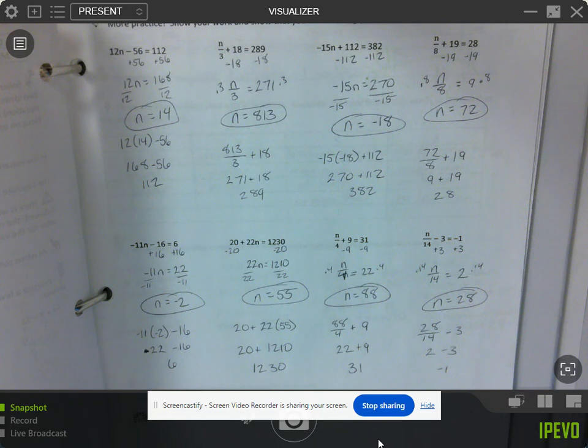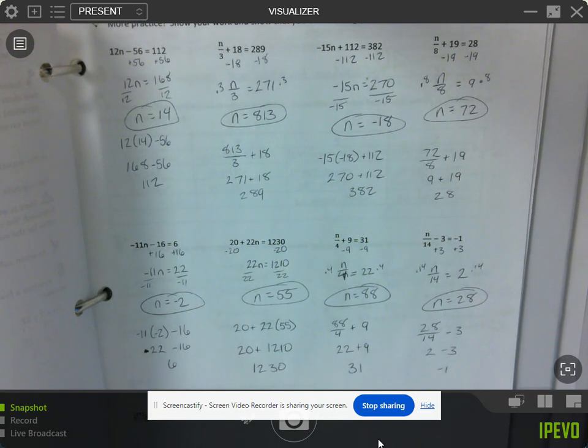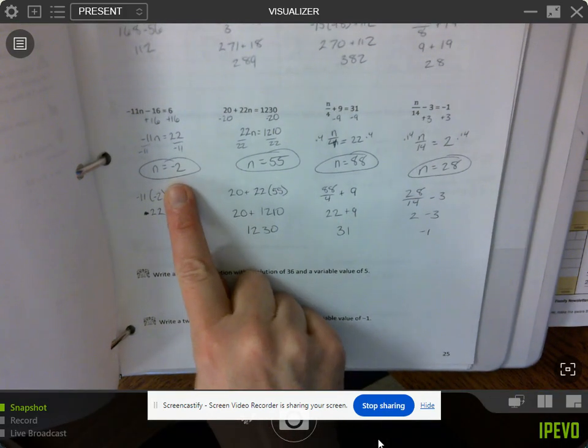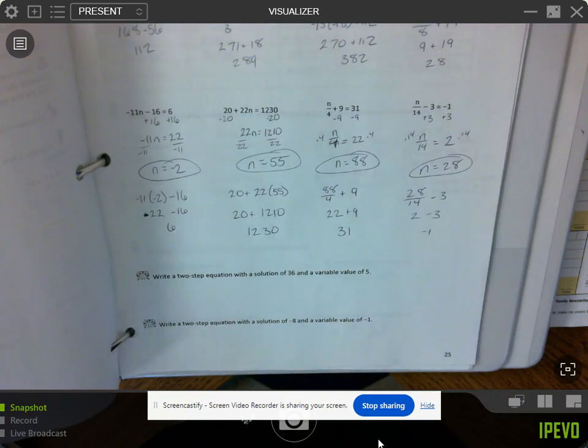Any questions on those ones? 14, 813, negative 18, and 72. And then our second row, negative 2, 55, 88, and 28. Any questions on any of those? Oh, wait.